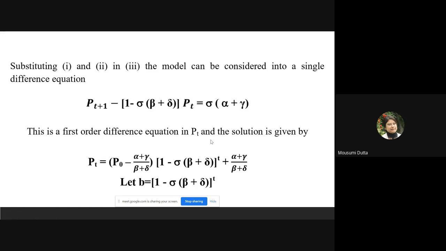Next, the time path of the price is given by PT is equal to CF plus PI. Complementary function plus particular integral.